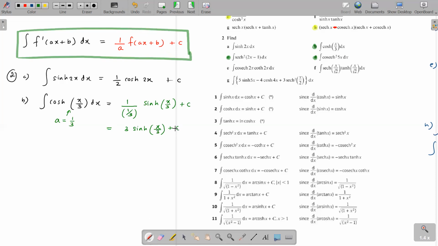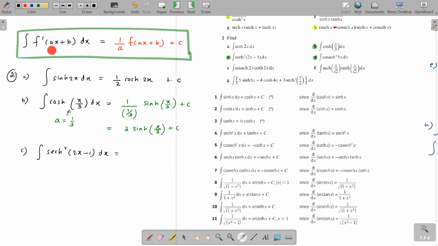Okay. So the next one, part C also, get used to this. Integration of sec square 2x minus 1. Integration of sec square is rule number 4. Can everyone see? It's rule number 4. So according to rule number 4, you have to combine it with the generalized rule. By the way, this generalized rule is only working for linear functions of x. You can't have x square, x cube, or any other powers of x.